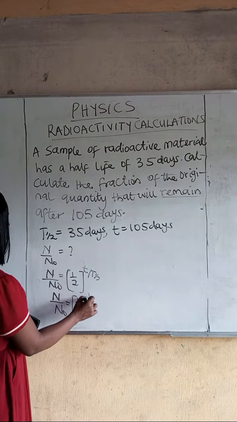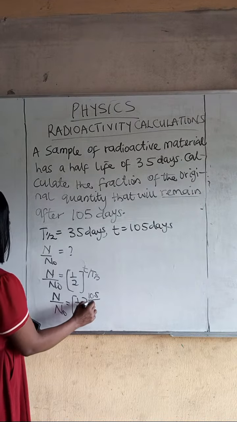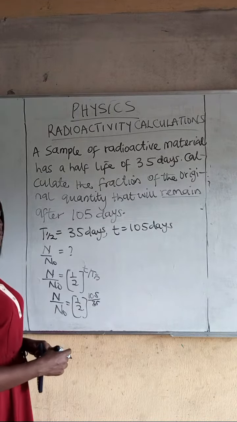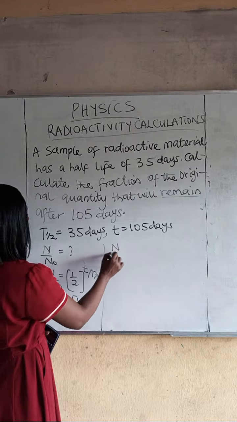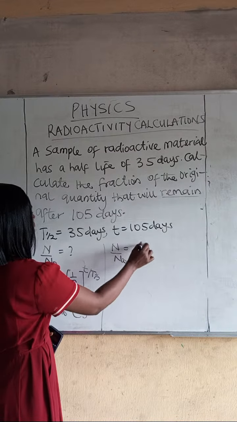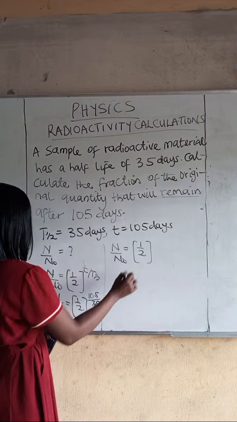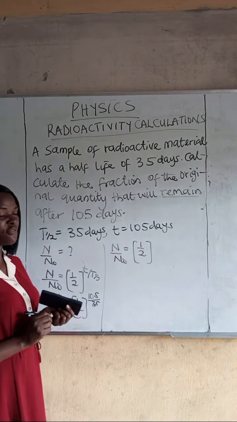My time is 105, divided by my half-life, 35. So N over N naught is equal to 1 over 2 raised to the power of 105 divided by 35.